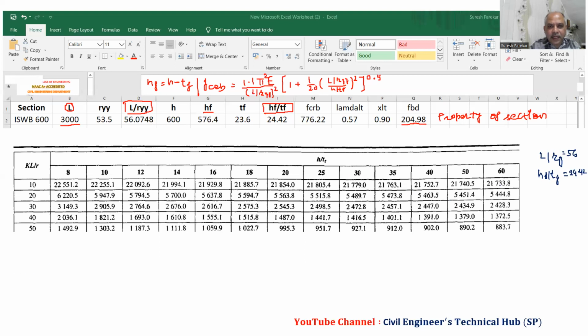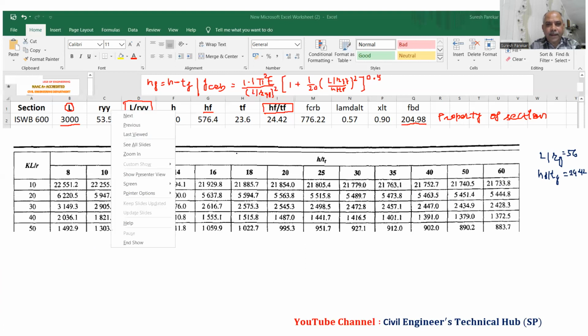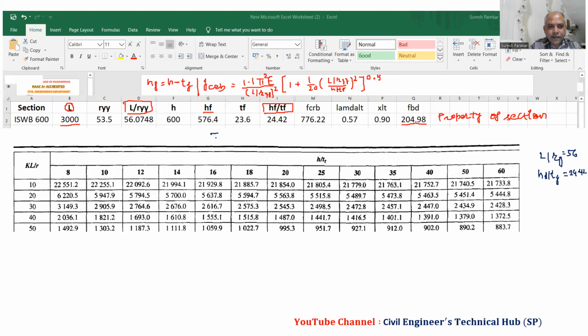Then for this we will calculate the value. We have table 14, and this table 14 is for fcrb. Here, say this is 25 and this is 50; actually we have this value.